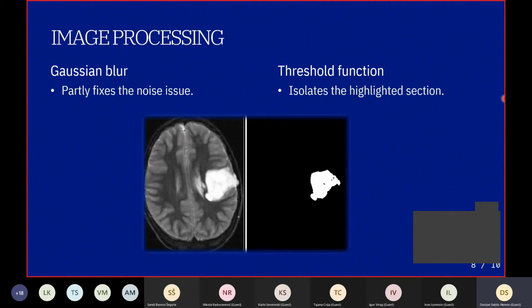And the threshold function isolates the highlighted part of the image based on the luminescence we set. So we can see the most white part gets isolated, and we have to adjust the threshold value. So we grab only the supposed tumor part, and the rest of the image becomes black.